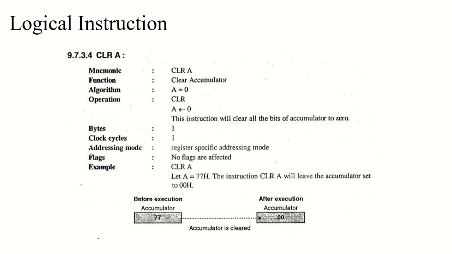There is RLC, rotate accumulator left through carry, then we have the RRA instruction, rotate accumulator right, we have the swap instruction, and RRC through carry. So we have so many instructions. But for now, let's move forward with the Boolean variable manipulation instructions.